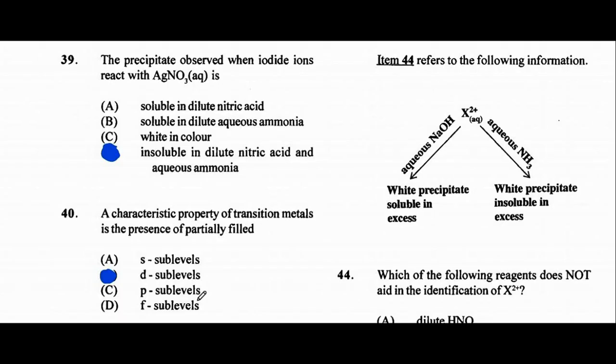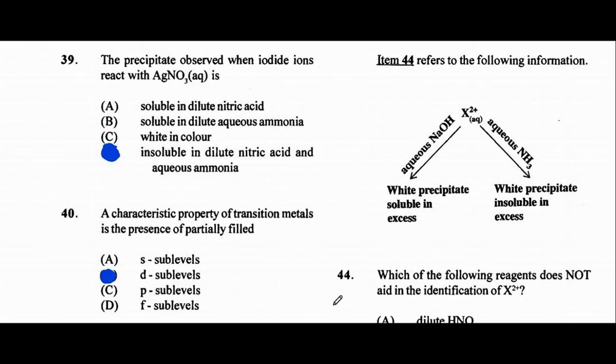Item 44 refers to the following information. Aqueous sodium hydroxide, and aqueous ammonia, is added to the X2 plus ion, whatever that ion is, we don't know. That's what we're testing for, we're trying to find out. It says white precipitate soluble in excess, white precipitate insoluble in excess.